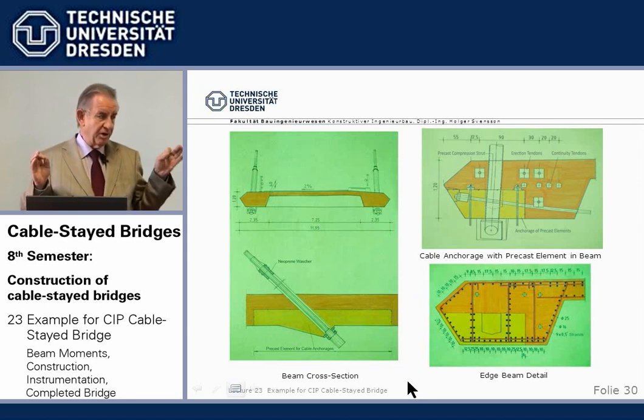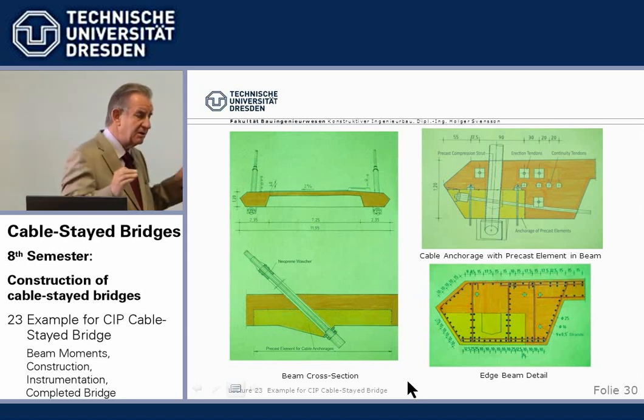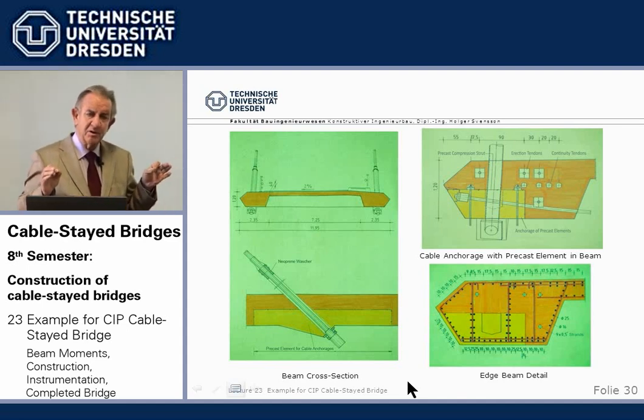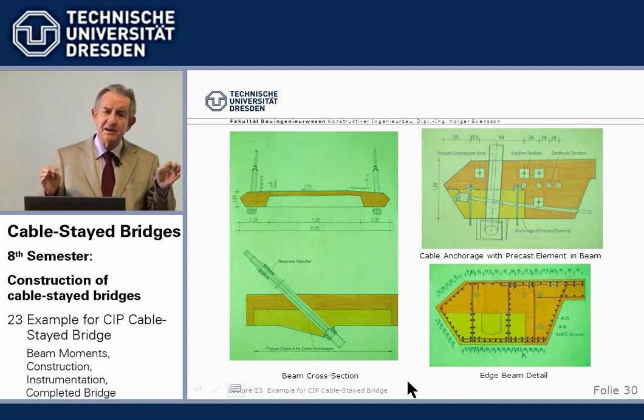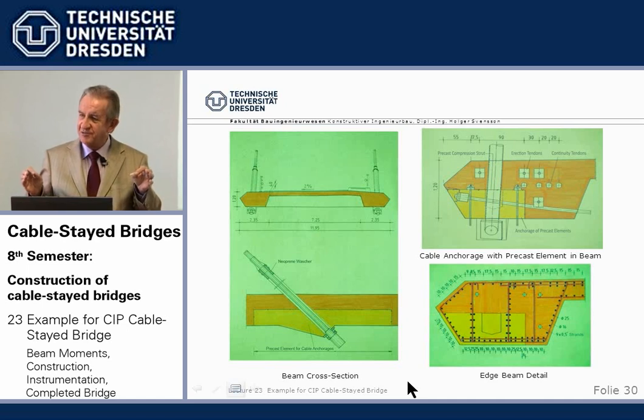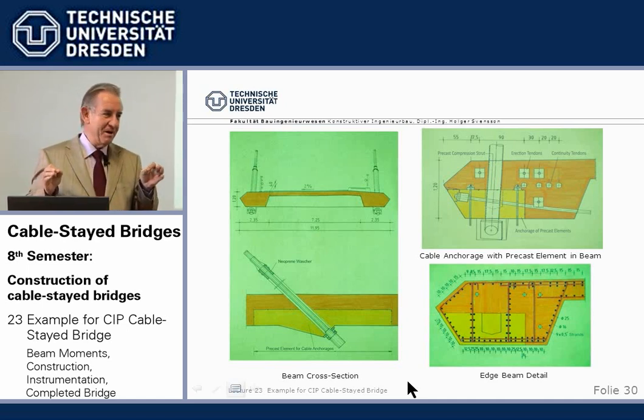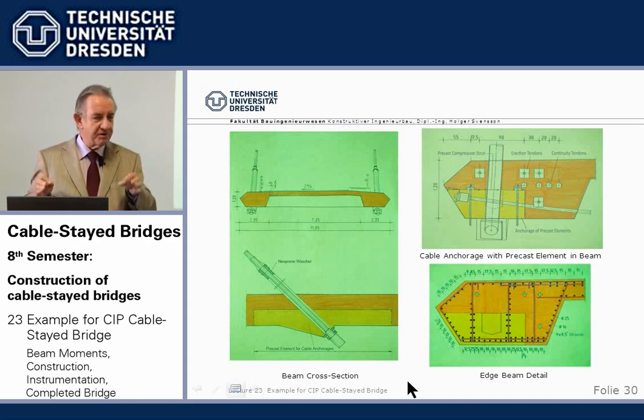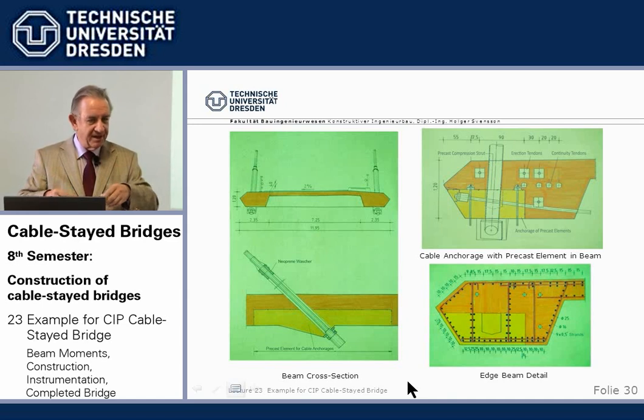But in order to have the final stay cable anchorage ready before casting the concrete, you think about it, and we thought about it quite some time until we came up with this solution. The only way, or one reasonable way, is to use a precast element that's there, bolt it to the form, then you can do it.